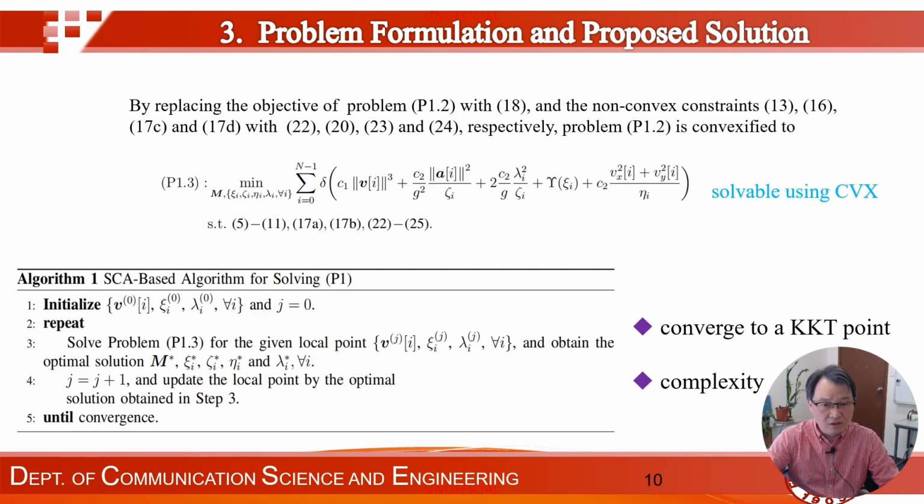In terms of complexity, the algorithm has a polynomial order, on the order of I_c times n to the power of 4.5. So this is computationally tractable for the problem we are considering. This completes the solution framework and allows us to obtain an energy-efficient three-dimensional trajectory.